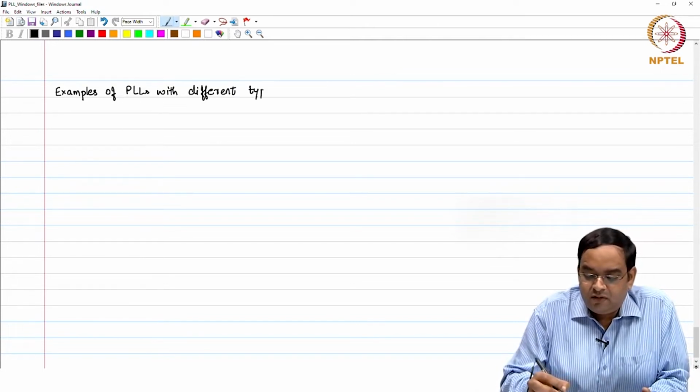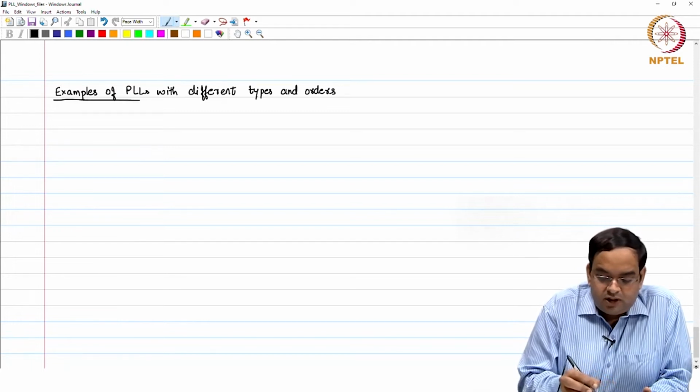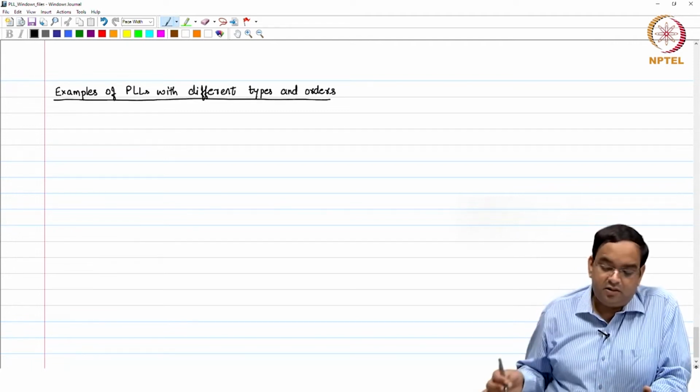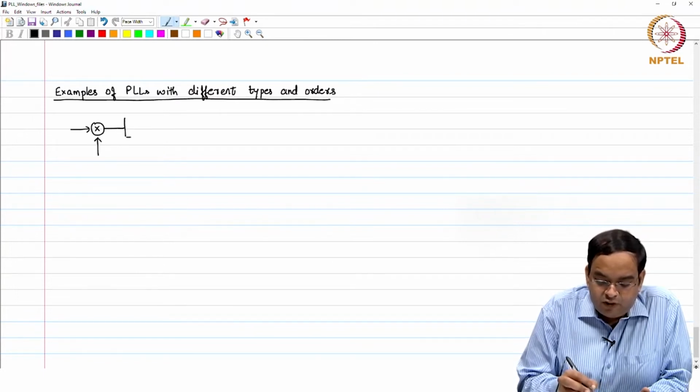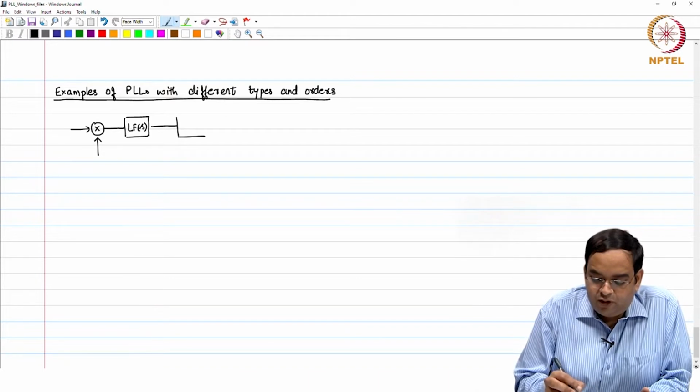Okay, the different types and order. So, let me just recall that PLL which we have been using. We had a mixer based phase error detector, followed by the loop filter which has a transfer function loop filter of S, followed by the VCO which has a transfer function k VCO over S, and this feeds back.